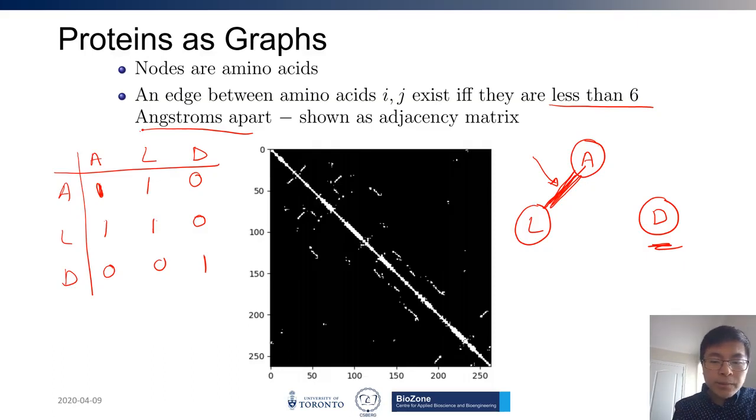And in this picture, I show the adjacency matrix of this enzyme PETase. So it's over 250 amino acids in length. But in white, you see the 1s, and in black, you see the 0s. So here, obviously, it's the backbone, this white diagonal. But what's interesting is that you see these white dots that are not along the diagonal. Say this one right here.